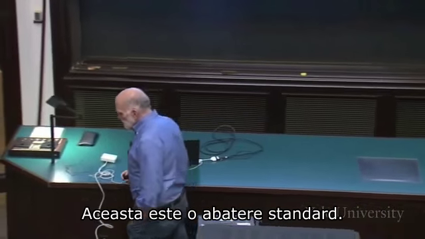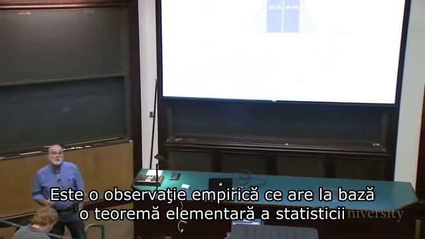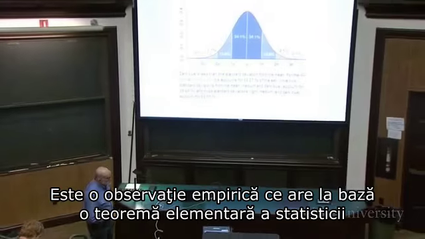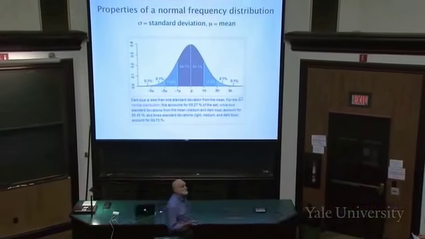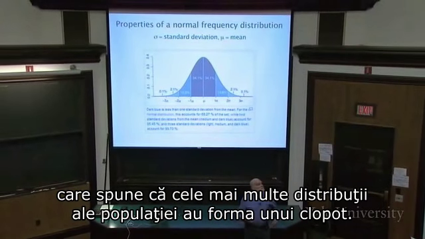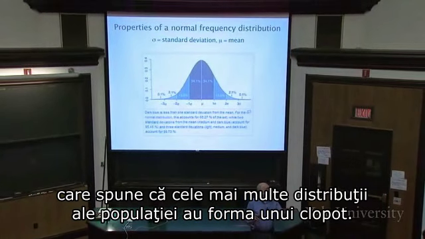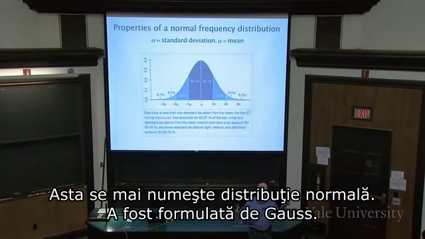Okay. This is a standard deviation. It is an empirical observation supported by an elementary theorem of mathematical statistics called the central limit theorem, that most population distributions look like a bell-shaped curve. It's called the normal distribution. It was formalized by Gauss.